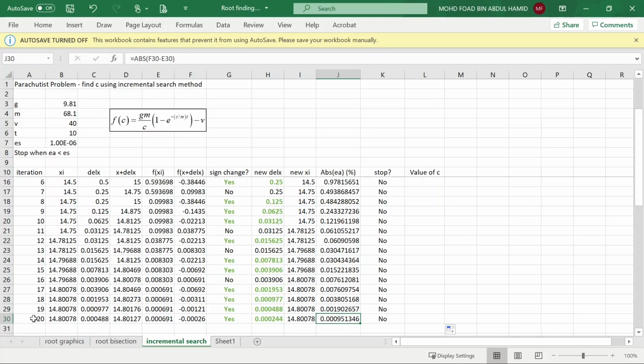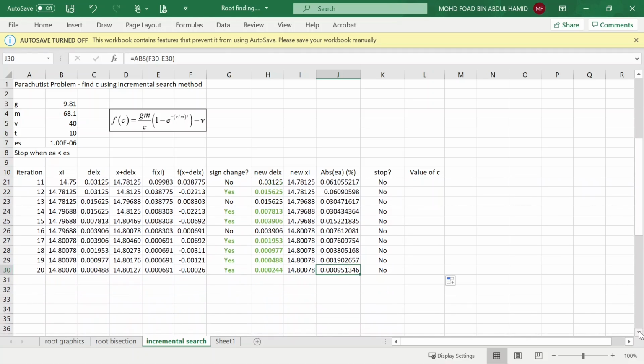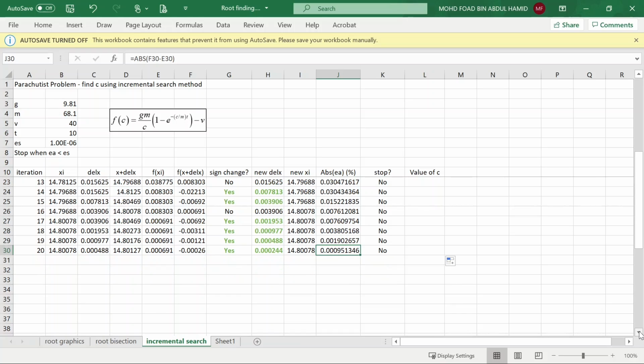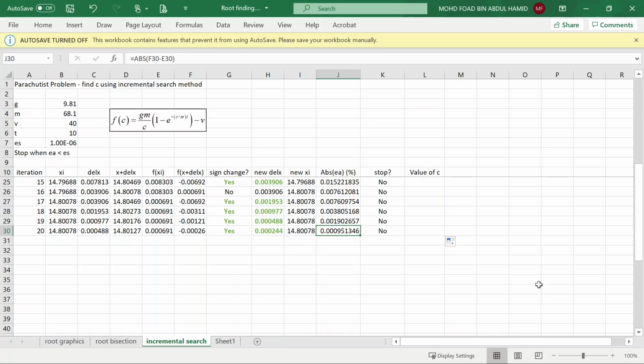So this is already 20 iterations, and our error is still huge, which is 9 times 10 to the power of minus 4. So let's continue and see how many iterations. By the way, the formula that we just used is not applicable for this method. That formula is only applicable for the bisection method.